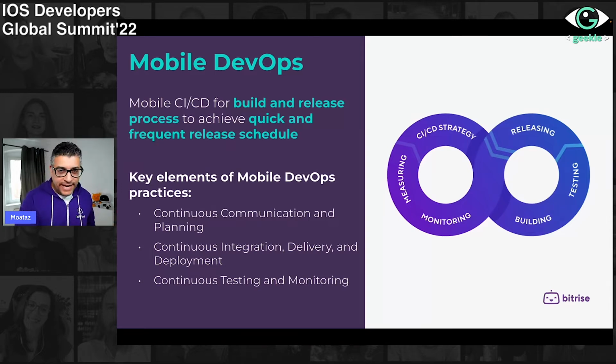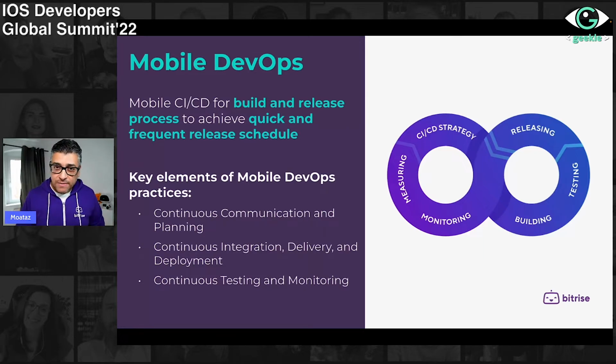So we can quickly describe what mobile DevOps is, and then how we add security, or why SEC is in DevSecOps. It's related to security. Mobile CI/CD is a build and release process to achieve a quick and frequent release schedule.